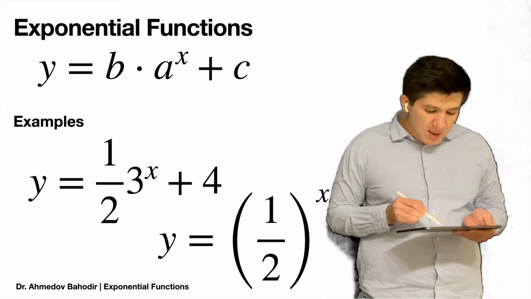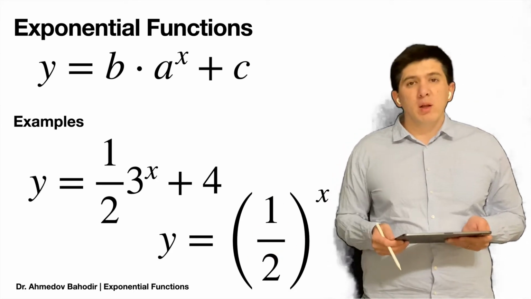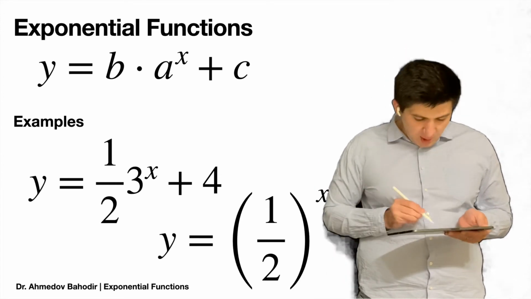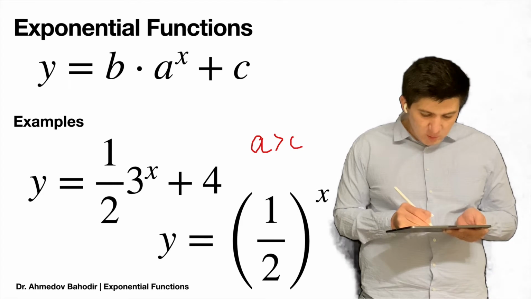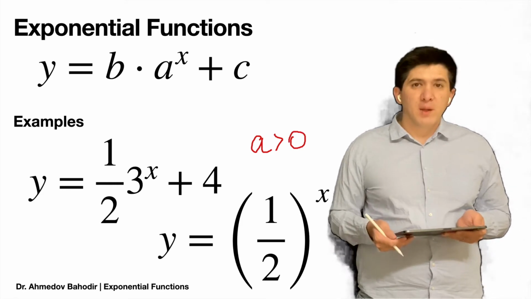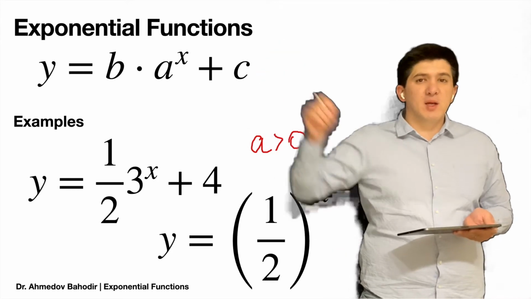It is okay that the base is smaller than 1 as well, but it's really important to keep in mind that the base of an exponential function should always be positive. There is a good reason for this, because we want our function to be continuous.